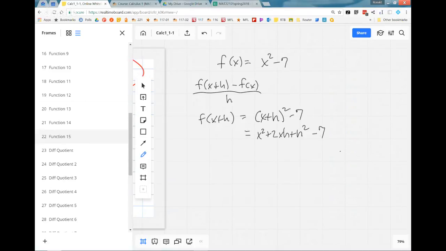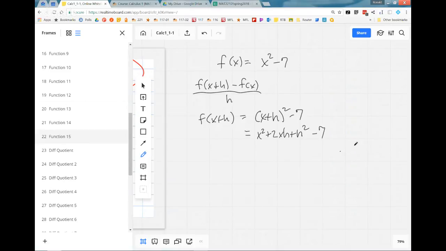By now I'm assuming you can all square x plus h, and you know that the middle term gets doubled. But you can hammer it out using the handshaking, or what do you guys often call it, FOIL. All right, so there's f of x plus h.